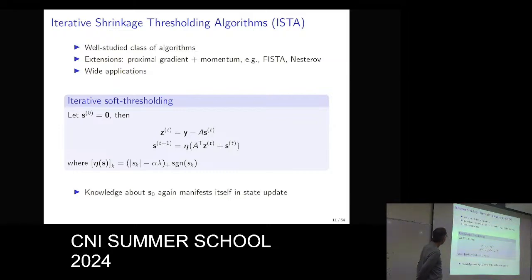I called it the iterative shrinkage thresholding algorithm, ISTA, and sometimes it's also called iterative soft-thresholding, IST. So it has a few names, and it's been researched quite extensively. What this does essentially is it's trying to take into consideration, in our context, the fact that the vector is sparse.